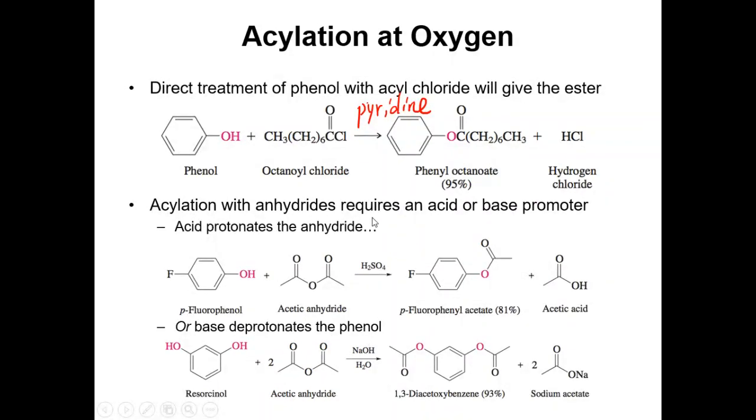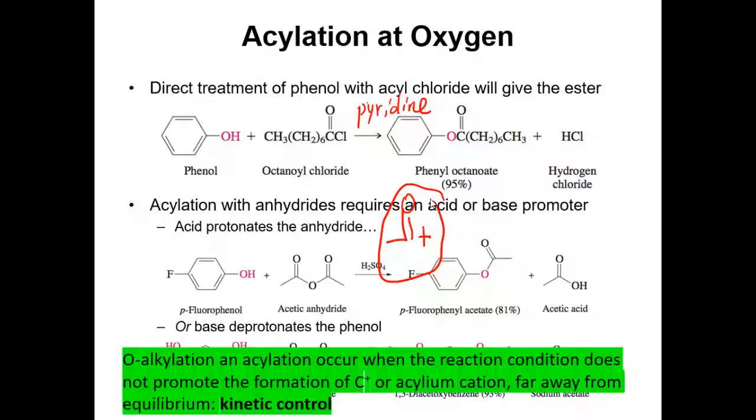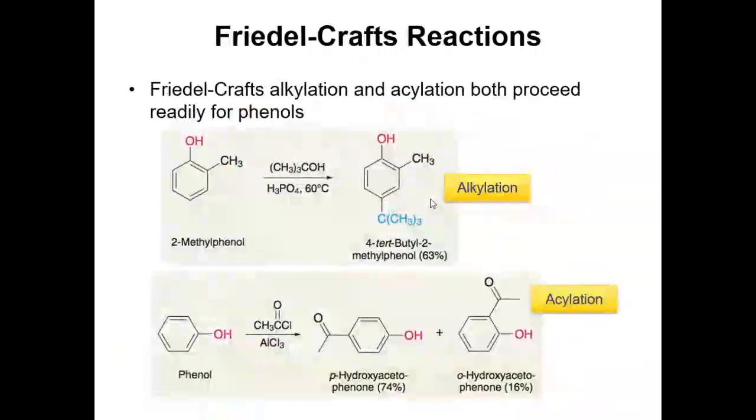But in both cases, because we don't have aluminum chloride here, we don't see the formation of the acylium cation. Because we don't have this, the reaction still happens at a condition far away from equilibrium. So it's kinetic control, and you see the O acylation product.